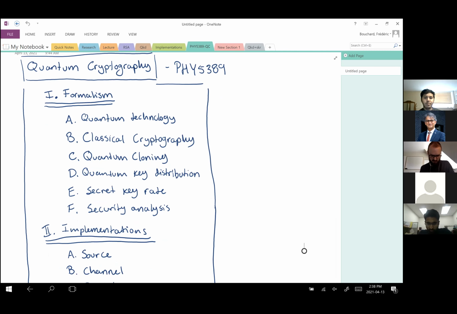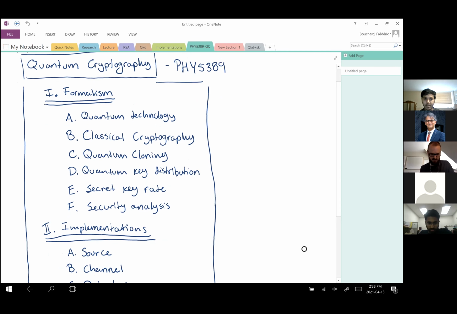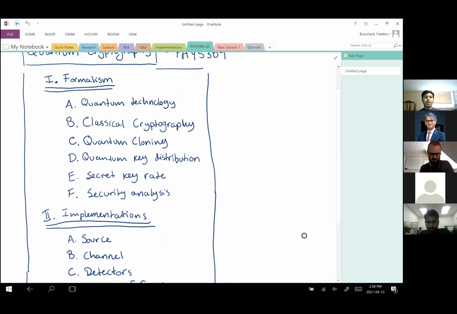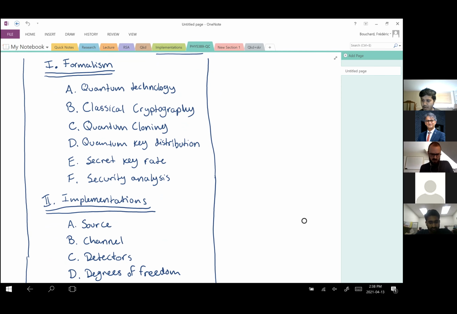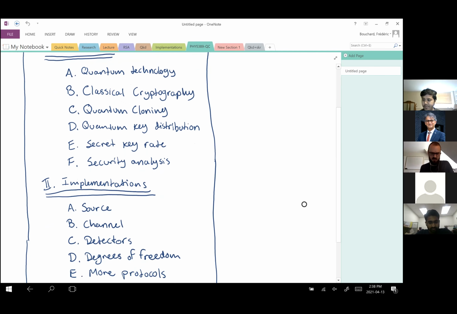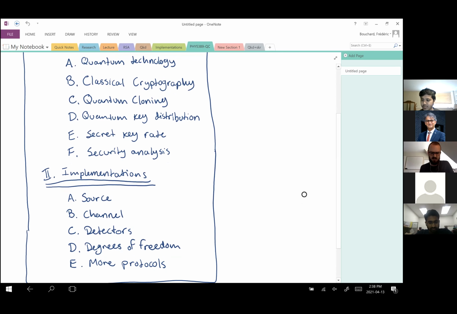Just to give you an overview, I've split the lecture in two sections. First, a part on the formalism of quantum cryptography, and another part more on implementations to see what the experiments would look like. In the formalism part, I'll start with a general intro to quantum technology.